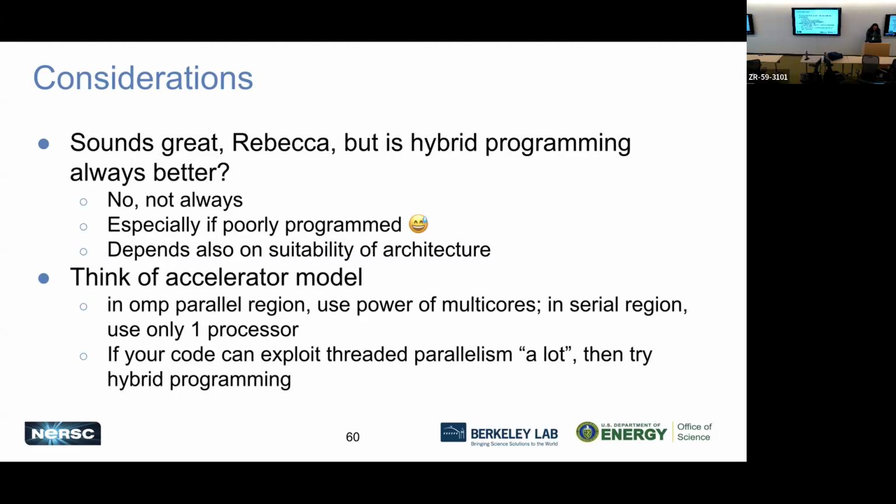If you think of it as kind of like an accelerator model, in the parallel region we're going to use the power of multi-cores, and in the serial region we're going to use only one process. So if your code can exploit this type of parallelism a lot, and a lot is kind of a subjective thing, then try hybrid programming. If not, don't worry about it.